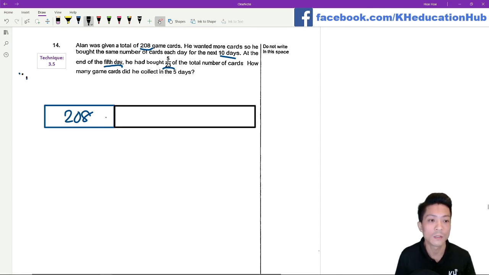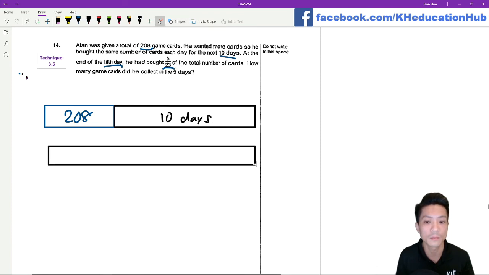I'm not going to cut that into 10 units, I'm just going to write 10 days here. At the end of the 5th day, draw another block below. A line here, a line here. This is 5 days.